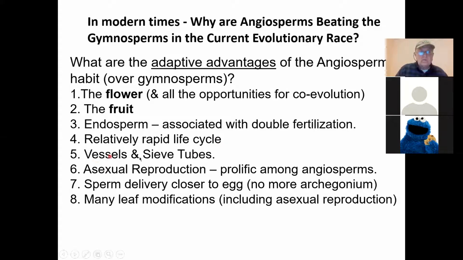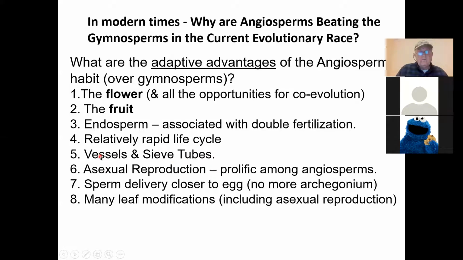All right. When we get into the next topic, we'll talk about the differences in vessels and sieve tubes. But vessels refer to the wood, sieve tubes refer to the phloem. In gymnosperms, there are sieve cells, whereas in angiosperms, there's special conductive tissue called sieve tubes and sieve tube elements.